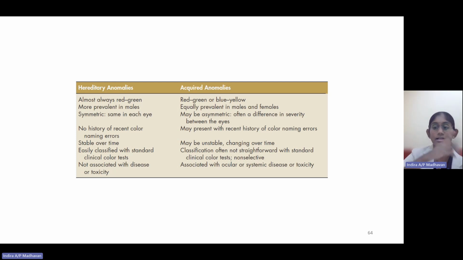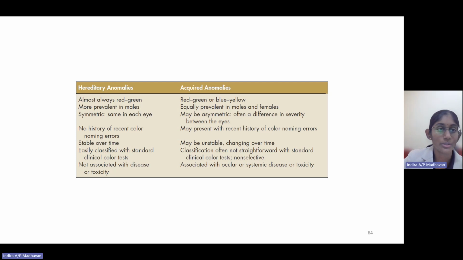This eye and this eye will have the same type of color vision deficiency and the same severity. But for acquired, it may be asymmetric, often with a difference in severity between the eyes. If only one eye has a cataract, then only that eye is affected. That eye will have a color vision deficiency, while the other one could be normal or have only a mild color vision deficiency.